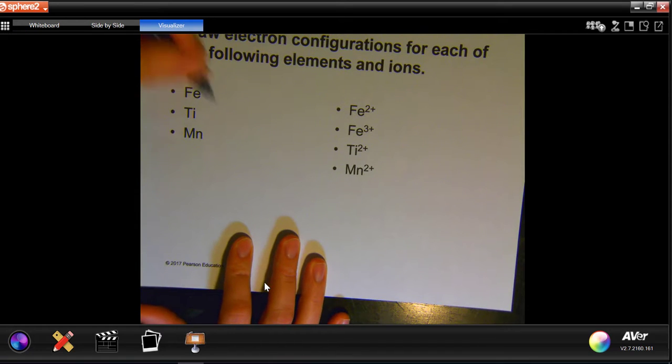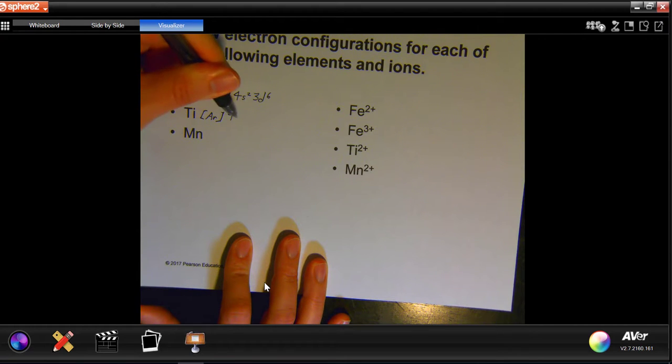We had decided this was argon, and then 4s2, 3d6. I'm not going to go back to that periodic table for these other two, but you would be doing basically the same thing. For titanium, we would have argon, 4s2, 3d2.